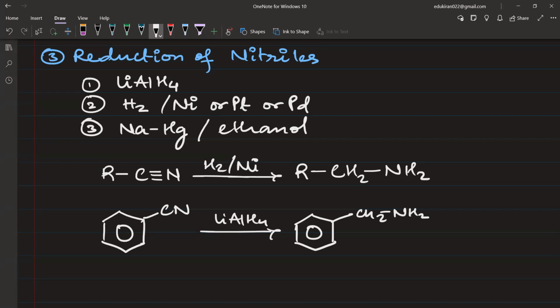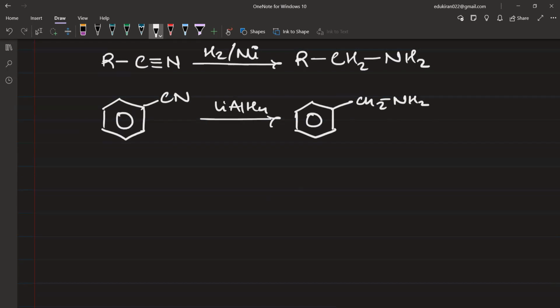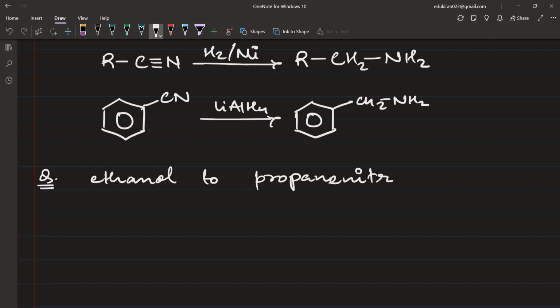Okay, we will do one question. Please write this down. They're asking how will you convert ethanol to, let us suppose, propane nitrile. So ethanol has 2 carbon atoms and OH.